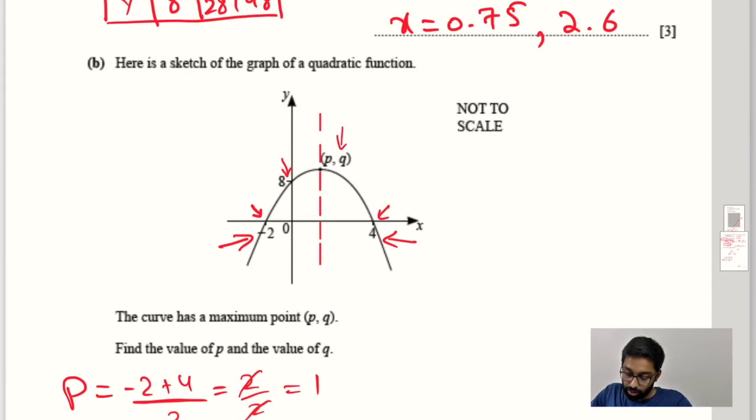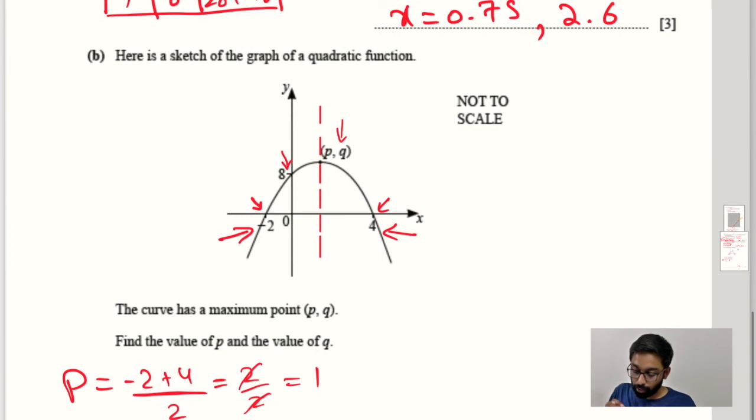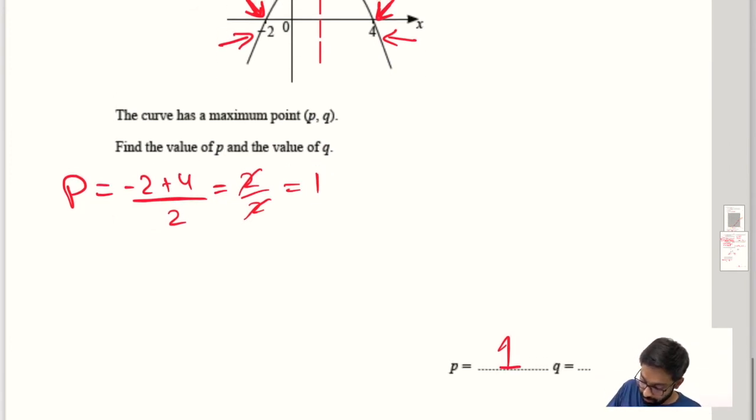Now, this graph is of the quadratic equation. How do we find the quadratic equation? The quadratic equation is found by first looking at the roots of this graph, which are -2 and +4. So we use these roots to find the quadratic equation. So this is what we do.